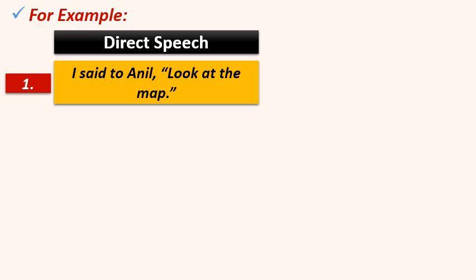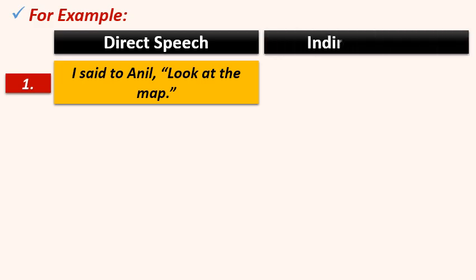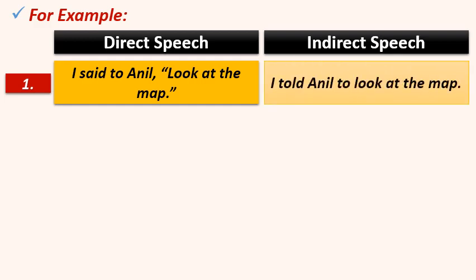As I have already explained, when we change an imperative sentence into indirect speech, the structure will be subject plus reporting verb plus object plus to plus first form of the verb plus rest of the reported speech. So here the final result is, I told Anil to look at the map.